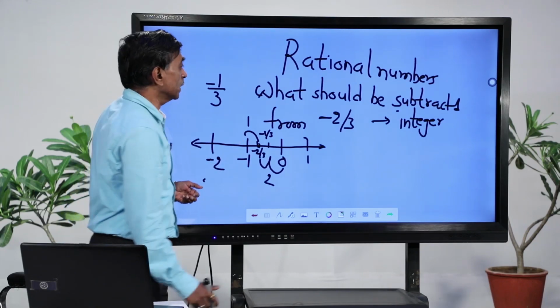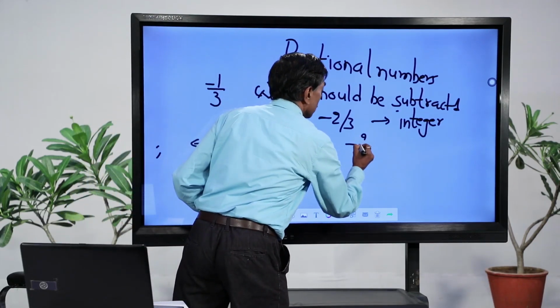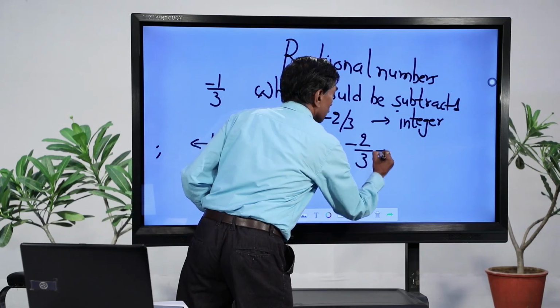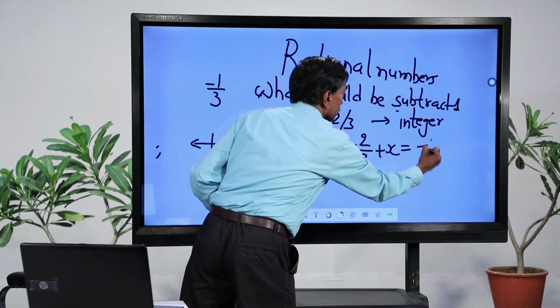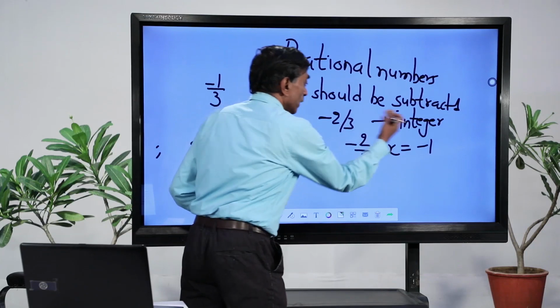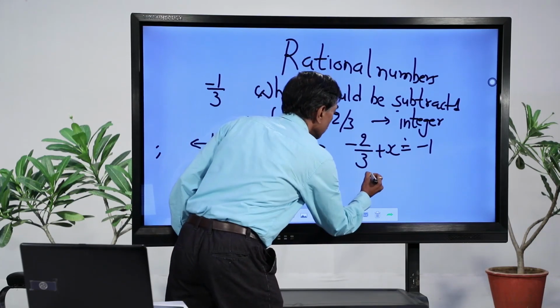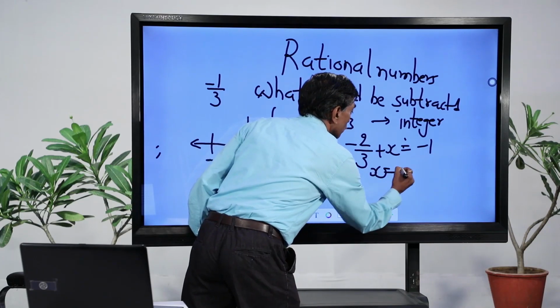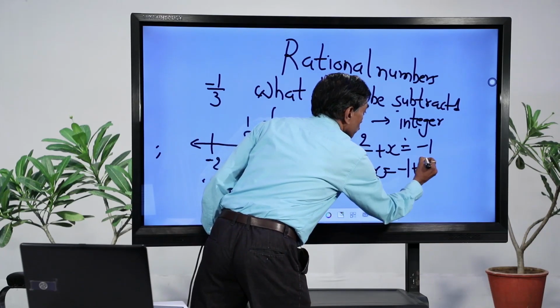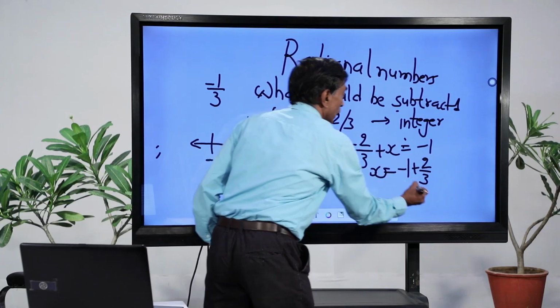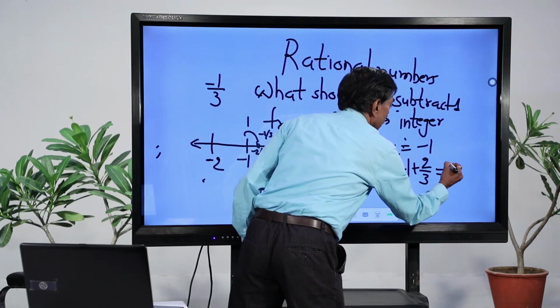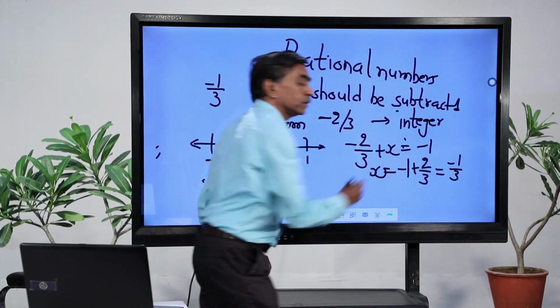Other way of doing this is -2/3 plus x is equal to -1. Shifting this, you know how to do this now, add 2/3 to both the sides. So, I will say x is equal to -1 plus 2/3, and if you simplify this using LCM, you will find that this is nothing but -1/3.